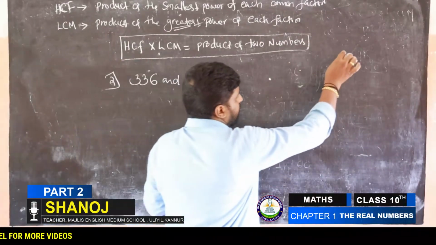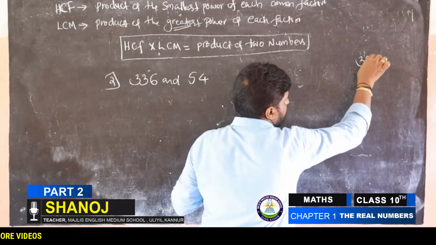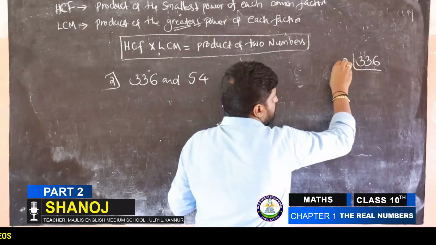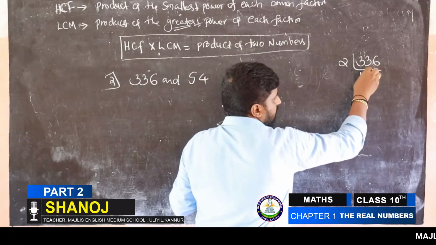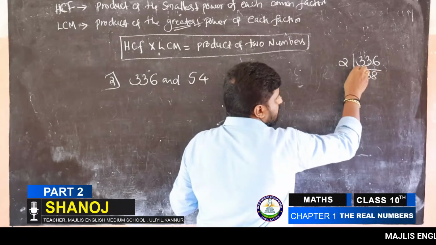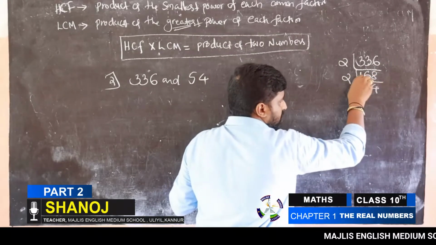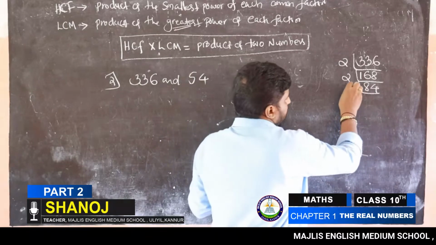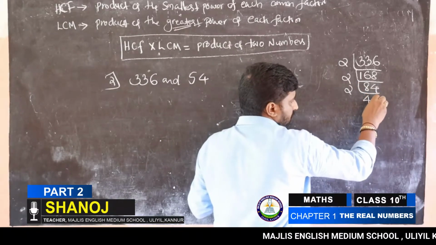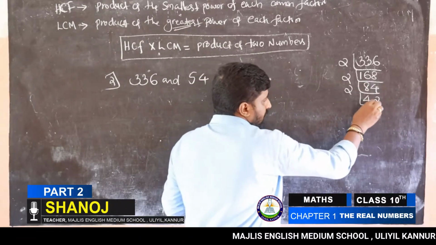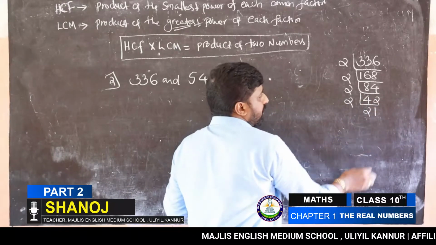Anyway, we can find the factorization first. 336: 336 divided by 2 is 168. Again 2, that is 84. Then again 2, that is 42. Then again 2, that is 21.